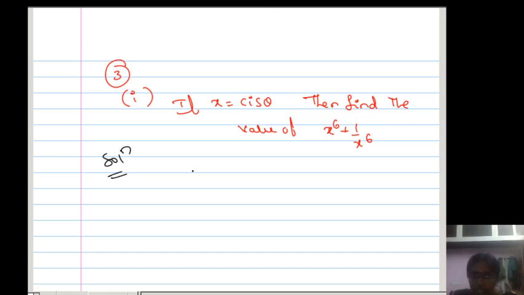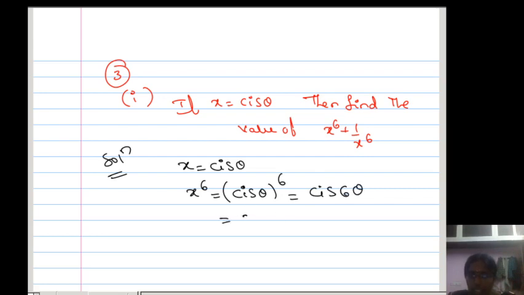x is equal to cis theta. Then what is x power 6? Tell me. Cis theta power 6. Is it? According to De Moivre's theorem for integral index, cis theta power n can be written as cis of n theta. Otherwise, cis theta can be written as (cos theta plus i sin theta) whole power 6.